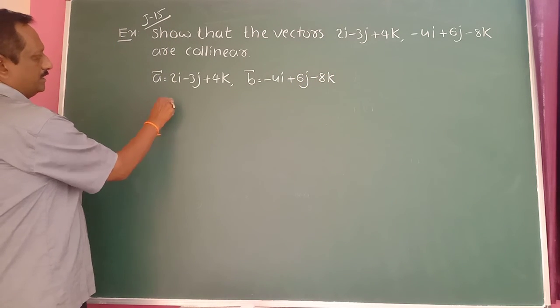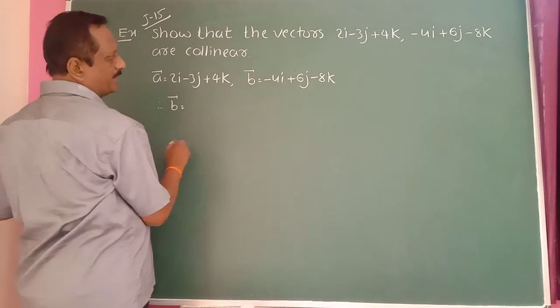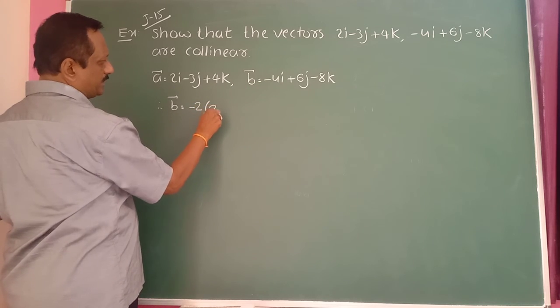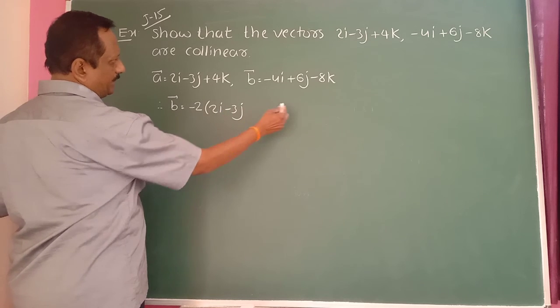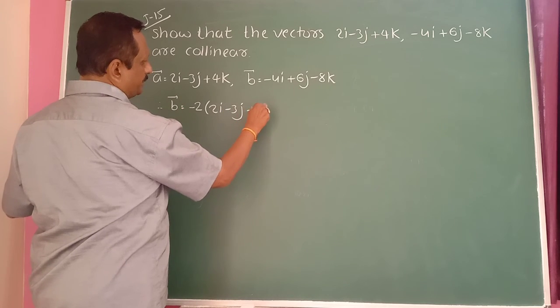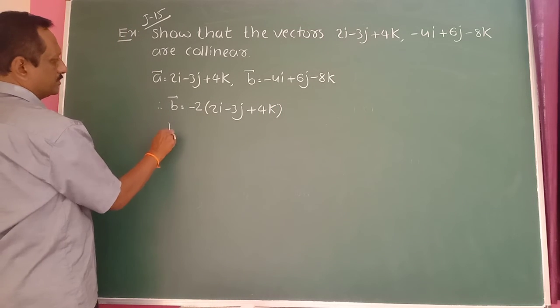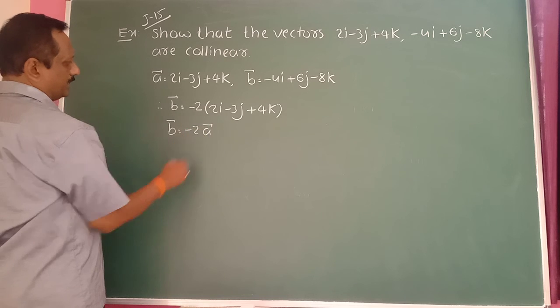So therefore here b bar is equal to, take minus 2 as the common factor here. So you can write here 2i, then this becomes minus 3j and this becomes plus 4k. So this vector is a bar here. So b bar is equal to minus 2 into a bar here.